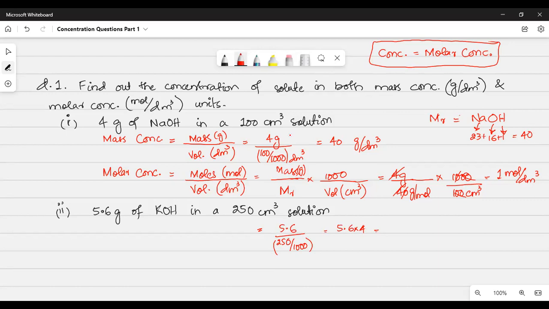So yeah, I guess you're right. It's around 24 point something. So your answer exactly was 24 point. Sorry, it's 22.4. Oh, 22.4. Yeah, that seems right. 22.4 gram per decimeter cube. Yeah, that's right.